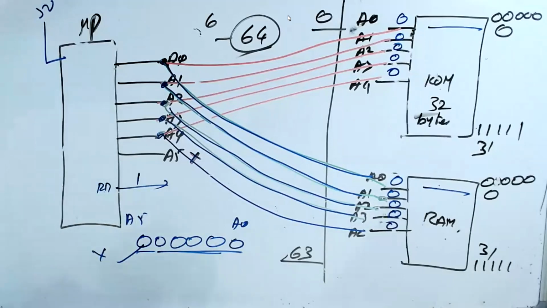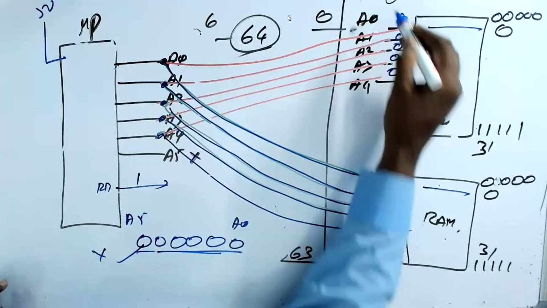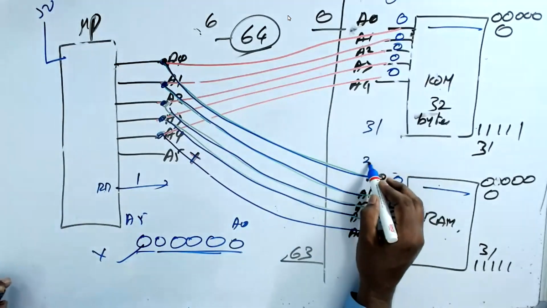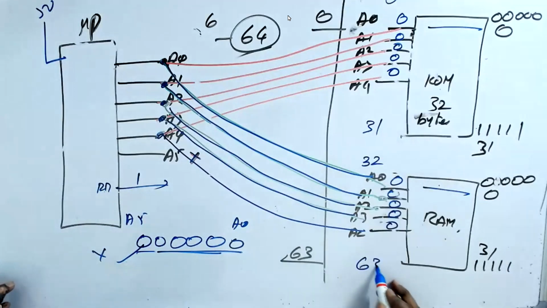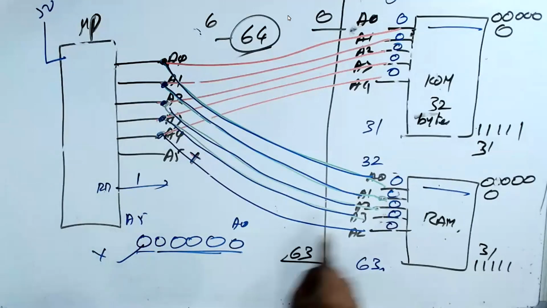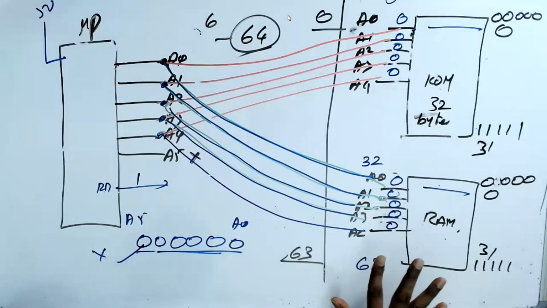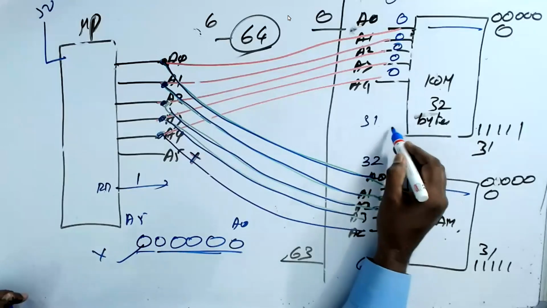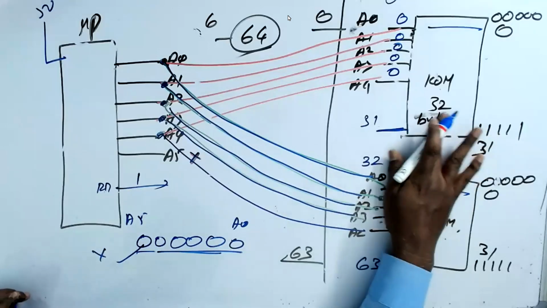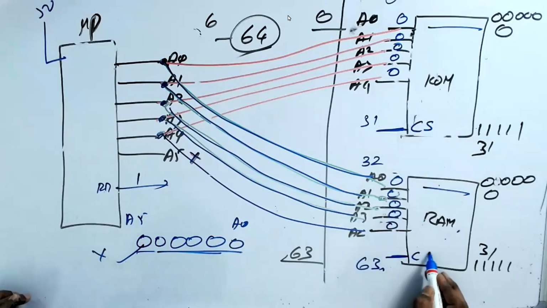So what the engineer did was a very interesting thing here. I want this to be 0 to 31, and this one is 32 to 63. So when they give 000, this one should not respond; only this one should respond. For that, the chip manufacturers have a signal called chip select.